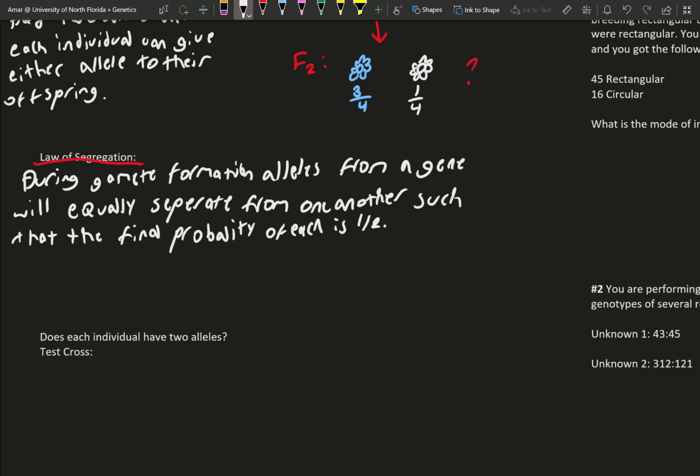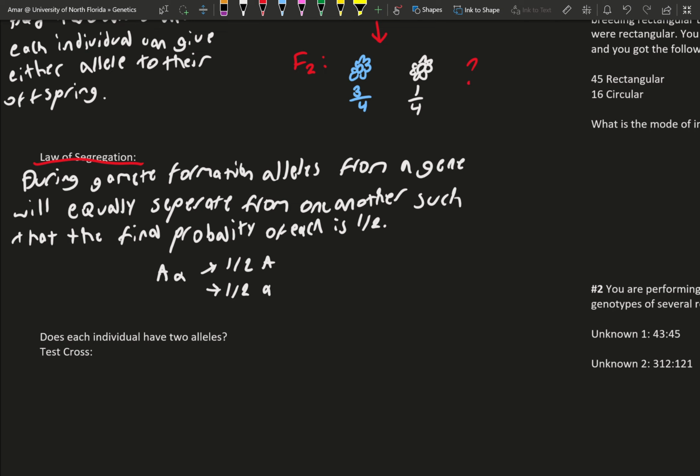So if you have an individual who is big A, little a, the probability to get big A is simply 1/2, and to get little a is also 1/2.